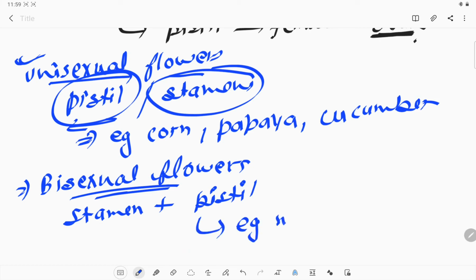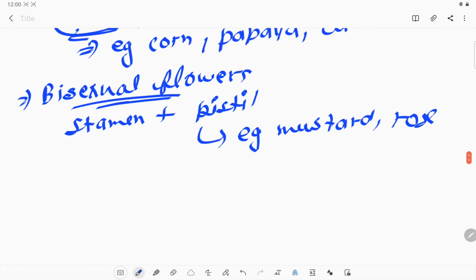The examples are mustard and another example is rose. Mustard and rose are the best examples of bisexual flowers, and we have many other examples also. Bisexual flowers are very common.